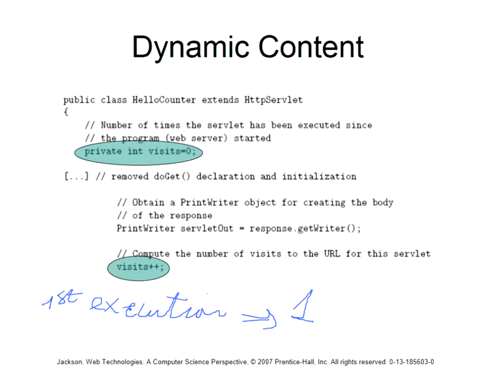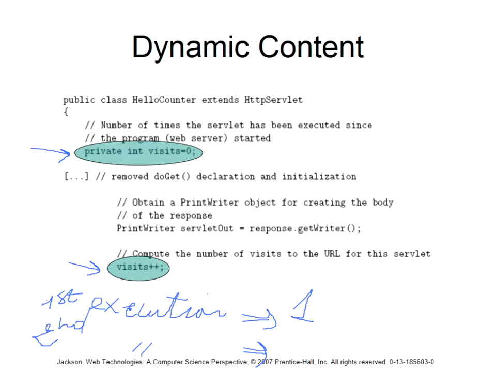So visits will be 0. After that, visits plus plus will be 1. Is it clear? For the second execution, 2 or 1? We have visits 0 here. After that, visits plus plus. 1 or 2?